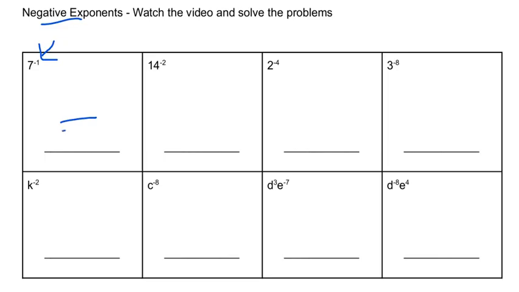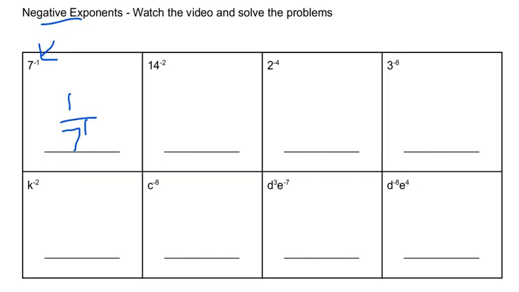So the 7 goes to the bottom right there. Now the exponent turns into a positive. And you have to remember this because there's kind of no way to remember it. And then what we put on the top is always the imaginary 1. Okay? So if there's no numerator, then you're just going to put a 1.